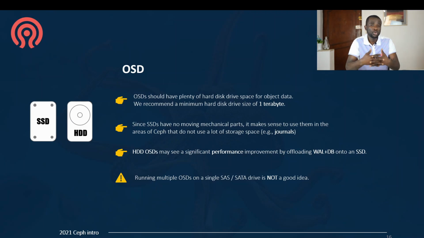By this way, you will improve the performance of your cluster. So use the SSD as your journal. Later you will cover how to configure a journal inside your cluster.